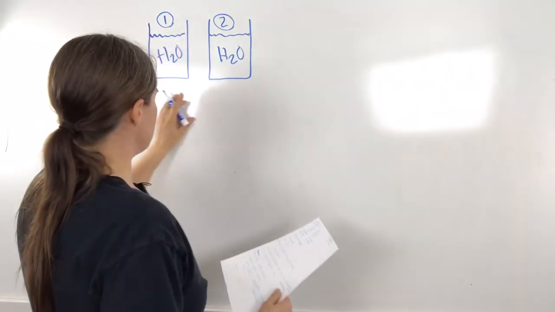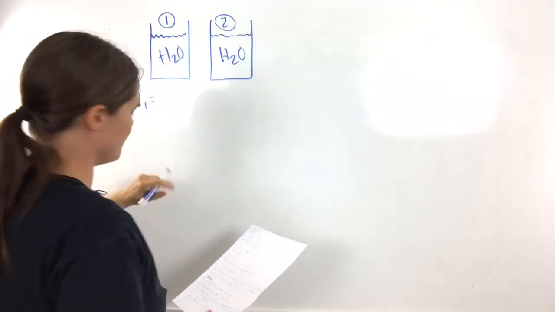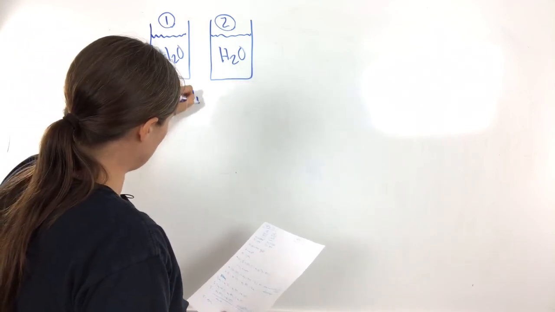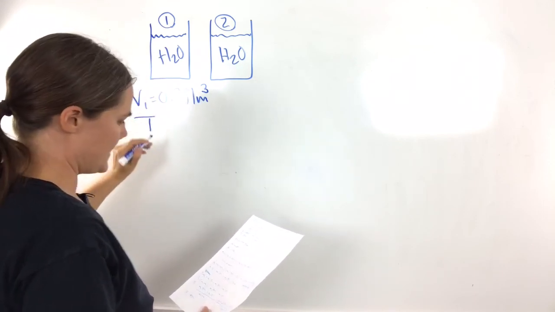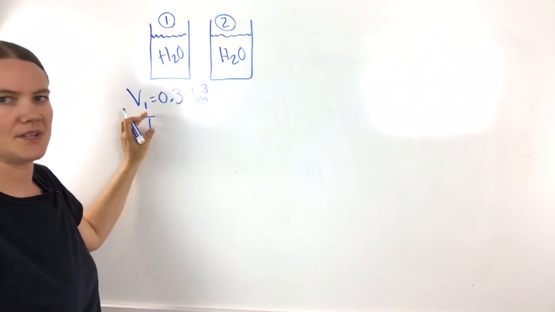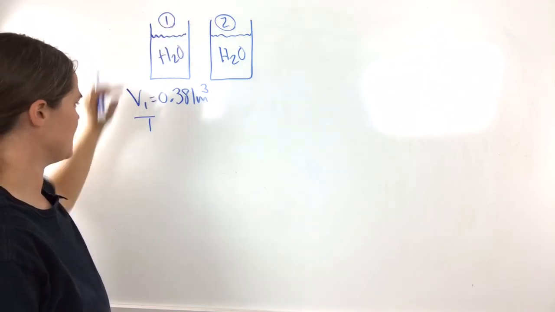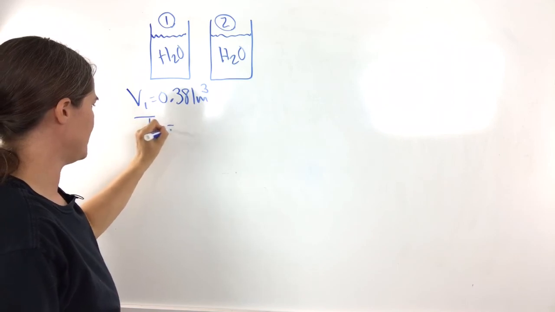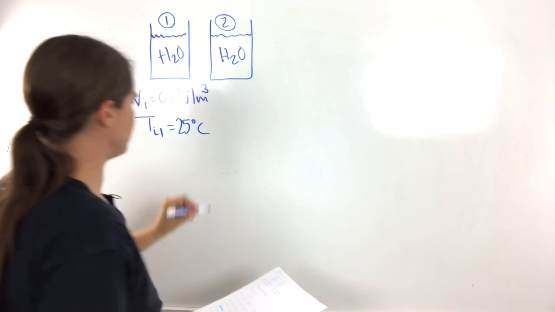I'm going to write down some information about these. The volume of the first one, which I'm calling V1, is equal to 0.381 meters cubed, and the initial temperature, T initial 1, is equal to 25 degrees Celsius.